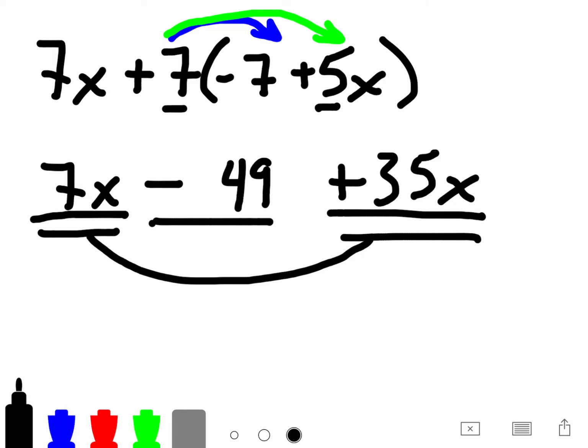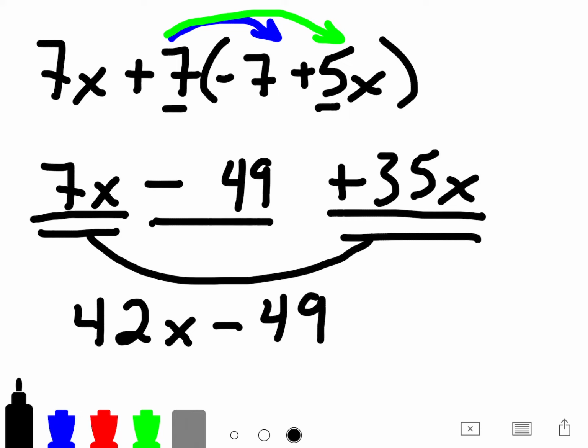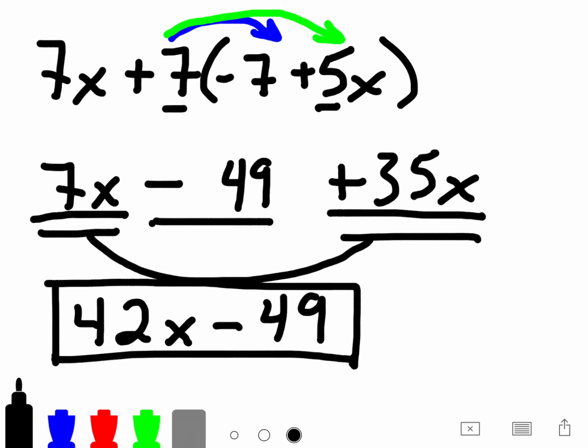Both of them are positive. 7 plus 35 is how many? That's 42, isn't it? 42x, and I'm going to drop down my -49 because it hasn't gone away. Can I combine these two? No. So this is my final answer.